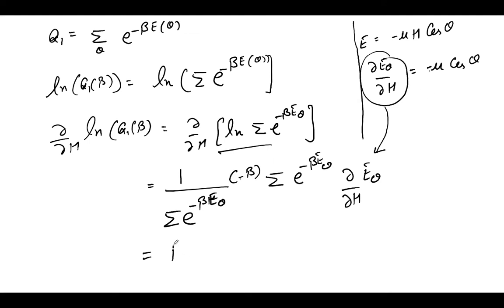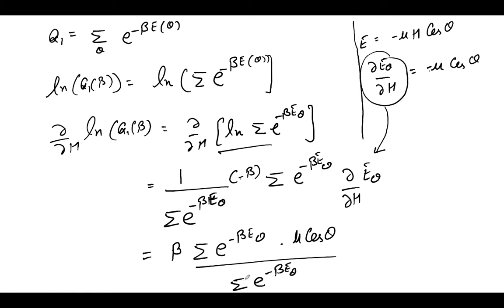What we are left with is beta into the summation of exponential of minus beta E(theta) into mu cos theta over the summation of exponential of minus beta E(theta). This is again our probability density factor. So this equation becomes the summation of p(theta) into mu cos theta.